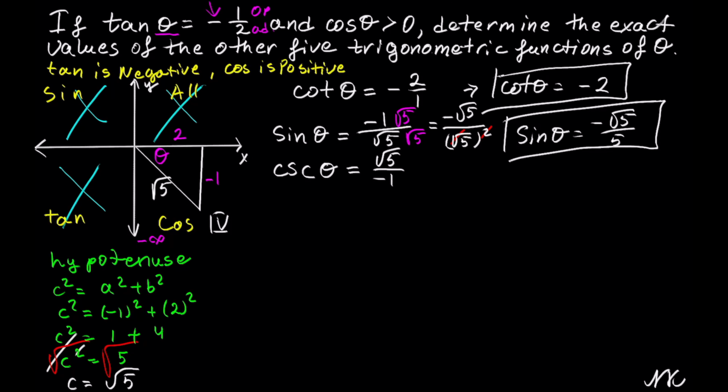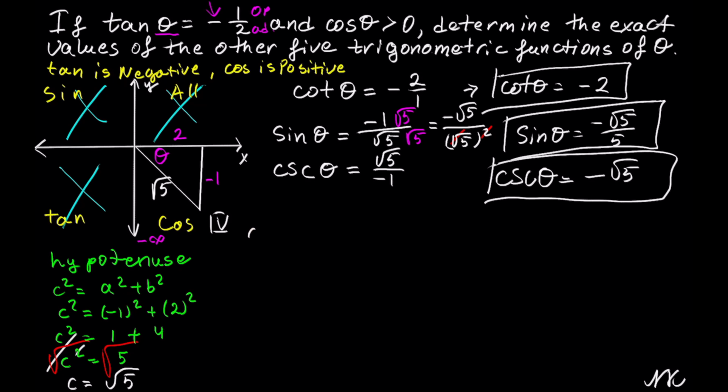Cosecant of theta is radical 5 out of -1. This can be simplified since radical 5 divided by -1, we get cosecant of theta is equal to negative radical 5. Cosine of theta is the ratio of adjacent side divided by hypotenuse.